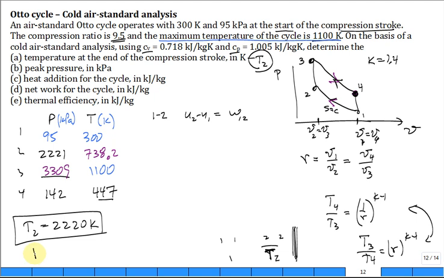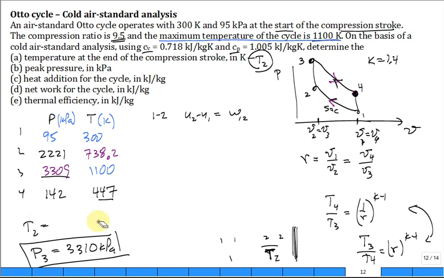That would be P3, 3310 kPa, something like that, right? Get your temperature and pressure. You said 2238 Kelvin. I sure did. Thank you. And now the pressure, I think I have right, 3310.